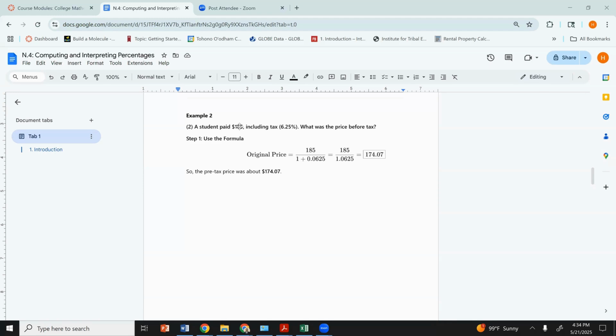They paid $185, which includes 6.25% of tax. But what was the original price before the 6.25% was applied?